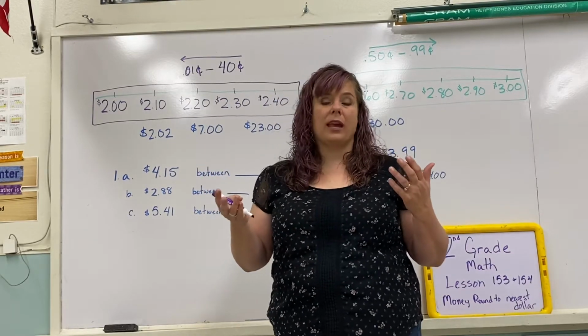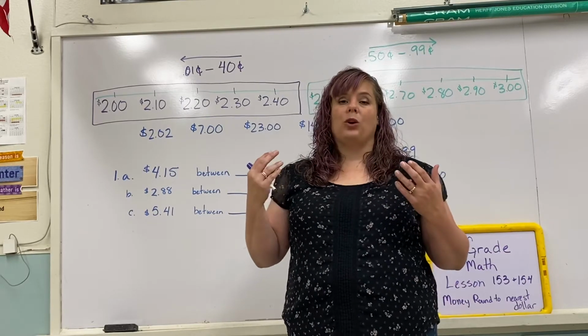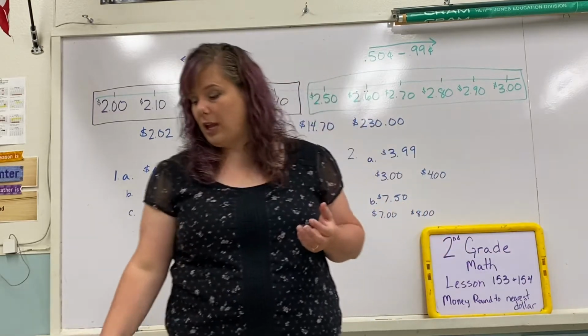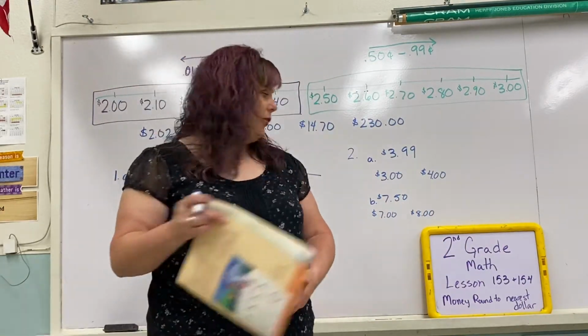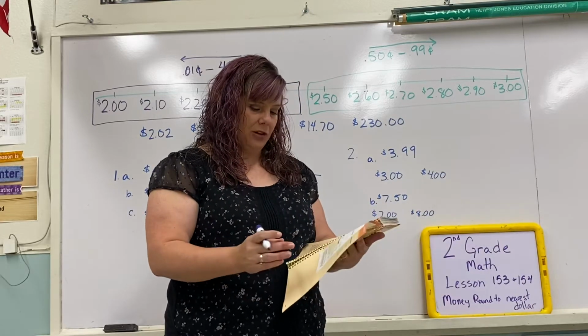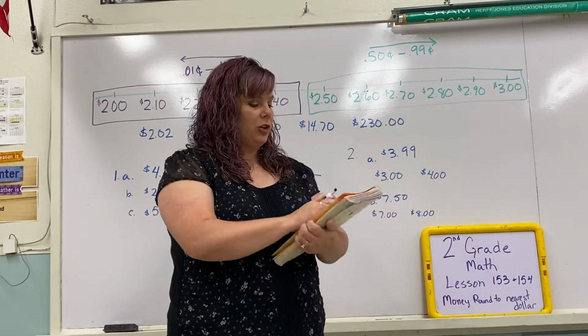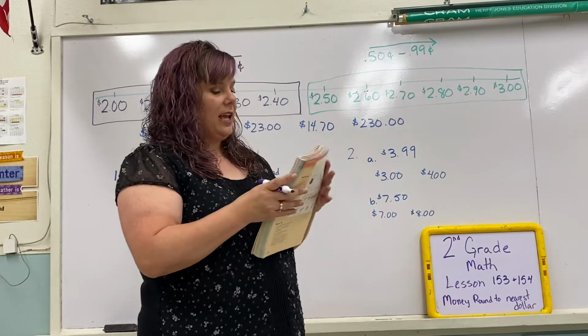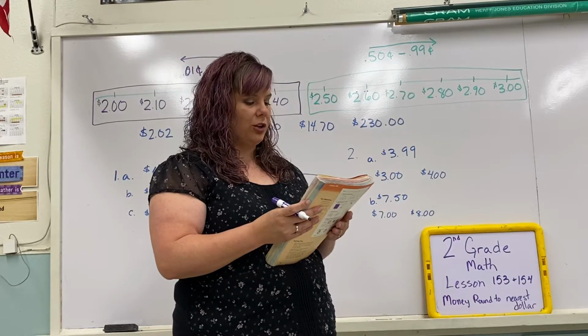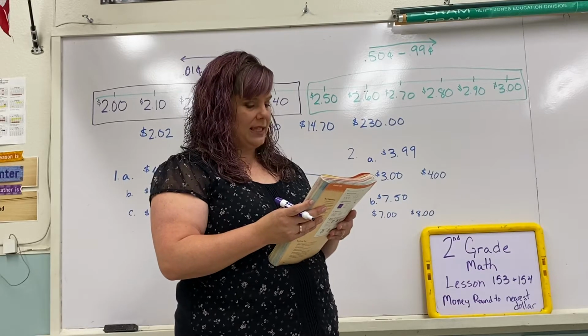Well, today we're talking about money. And when you're rounding money and it says rounding to the nearest dollar, if you look at your page for lesson 153, it's page number 312, there's a cute little owl on a branch, and he says, money rounded to the nearest dollar has no cents.